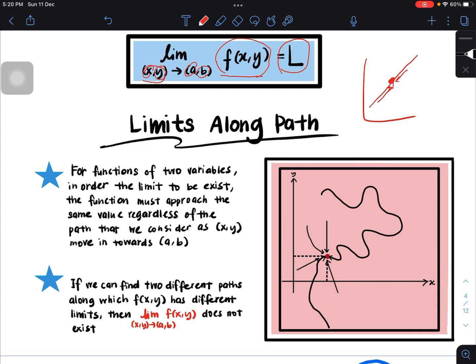If you have the function of x and y, it is in a space which has the x-axis, y-axis, and also the z-axis. Therefore, you cannot say that the direction only comes from the right or only from the left. It might come from here, or from here, because it's a space.